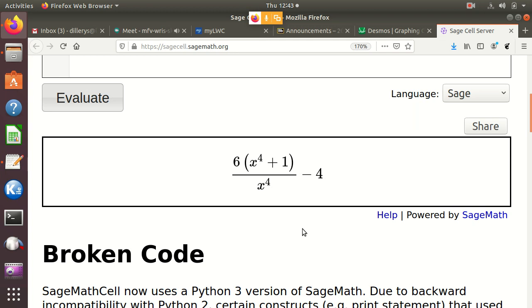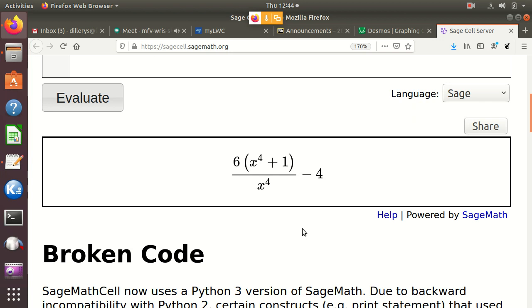Now, is that the way I want it to look? Maybe, maybe not. So there are other things one can do to try to get Sage math to simplify things the way you want. You can say things like expand, to multiply everything out. You can say things like simplify to try to get everything to pull together.